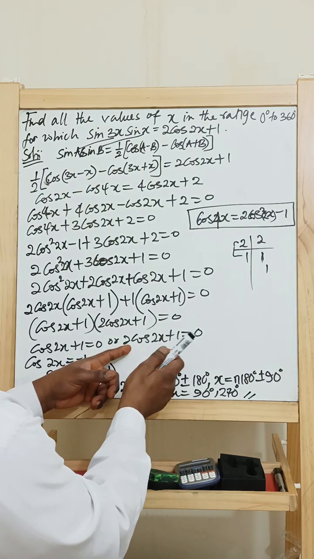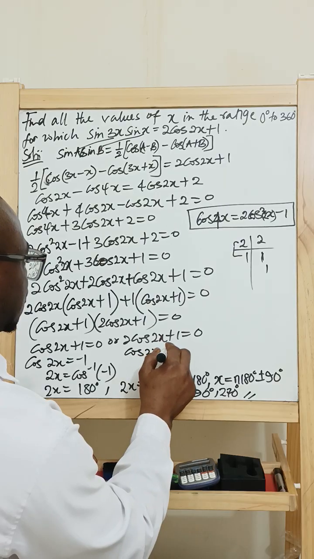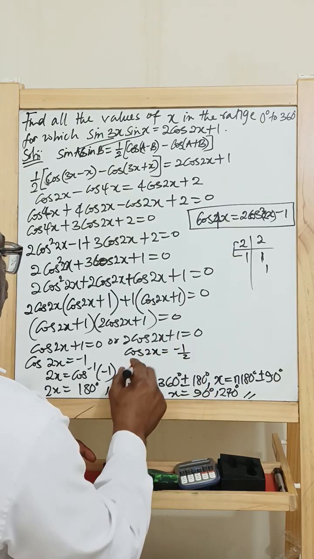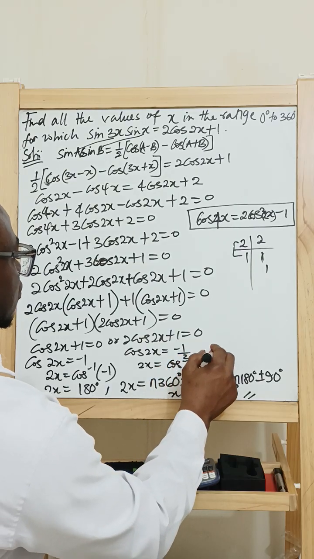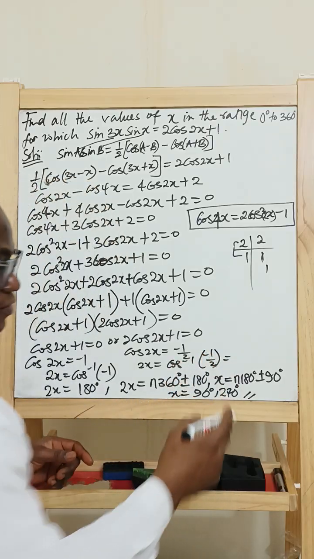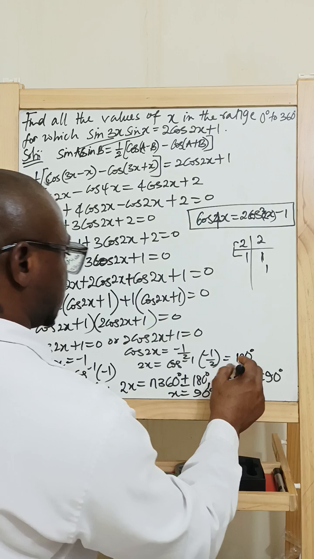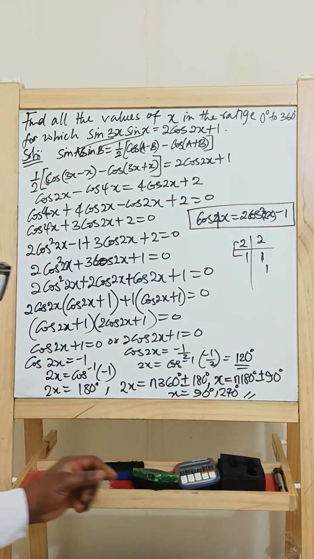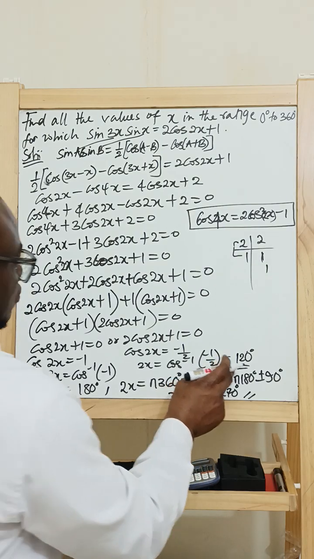So those are the values that we got for this one, right? Now for this one, we have cos 2x is equals to minus 1 all over 2. So what is 2x? 2x is arc cos minus 1 over 2, right? And then arc cos of minus 1 over 2 is what? 120 degree, right? It's in the second quadrant where cos is negative, right? So that's 120 degree.